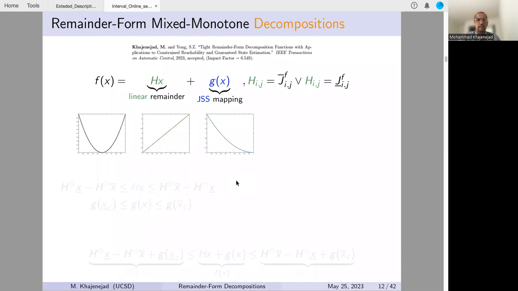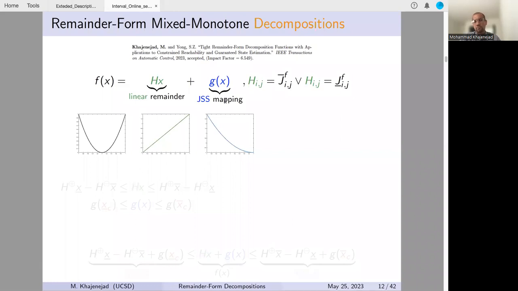It is not hard to see that for a given f with bounded Jacobians from below and above, we can always decompose f into two components: a linear component, which I call the linear remainder, and a, in general, nonlinear mapping, which I call the Jacobian sign stable mapping.